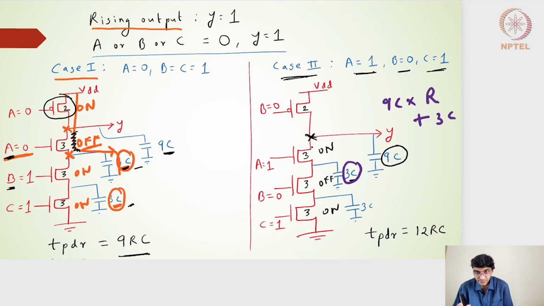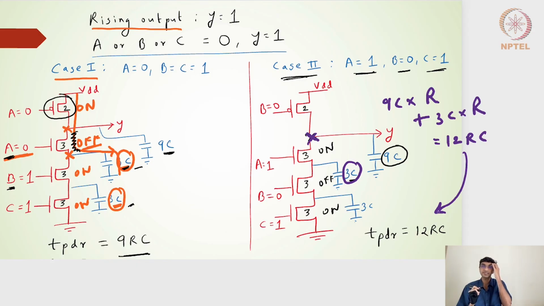The switching resistance of the NMOS side is R by 3, and the switching resistance of this pull-up side B transistor is R. But because my node of interest is only Y, the common shared resistance path is the B transistor of the PMOS, with switching resistance R. Put together, I will get 12 RC. So that's what I have written here. Hope you have understood this.